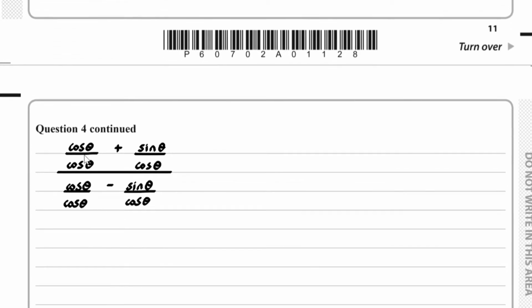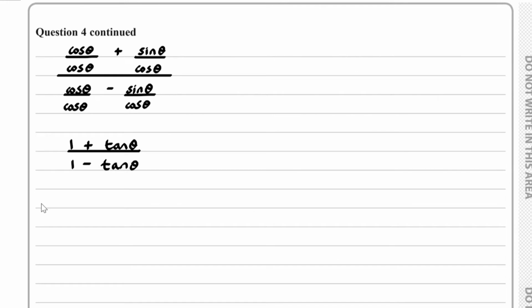And so cos theta over cos theta is 1, sine over cos is tan, and then cos over cos is 1, sine over cos is tan, and that's exactly what we wanted to show.